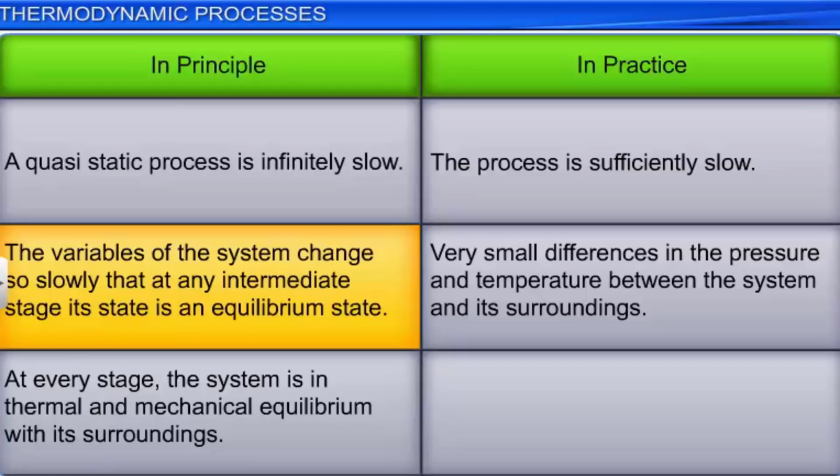This means that at every stage, the system is in thermal and mechanical equilibrium with its surroundings. In practice, a process that is sufficiently slow and with very small differences in the pressure and temperature between the system and its surroundings is a good approximation of an ideal quasi-static process.